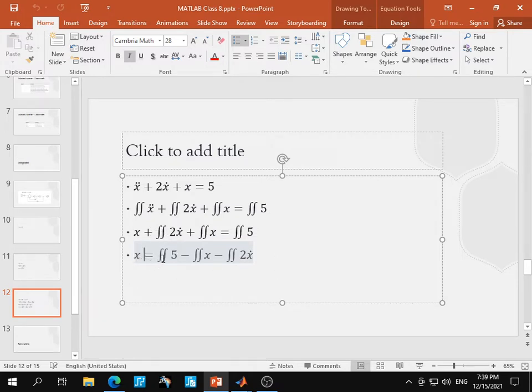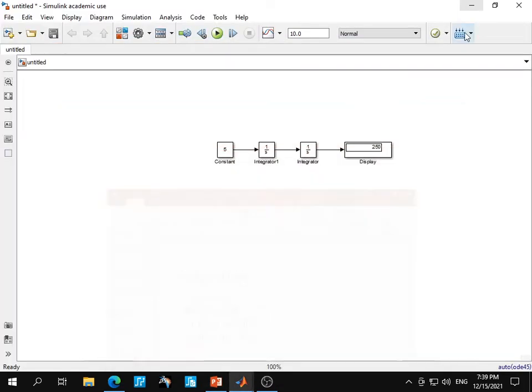So now you have your output on your left hand side: x equals double integral 5 minus double integral x and minus double integral 2x dot. So how do we actually model this?